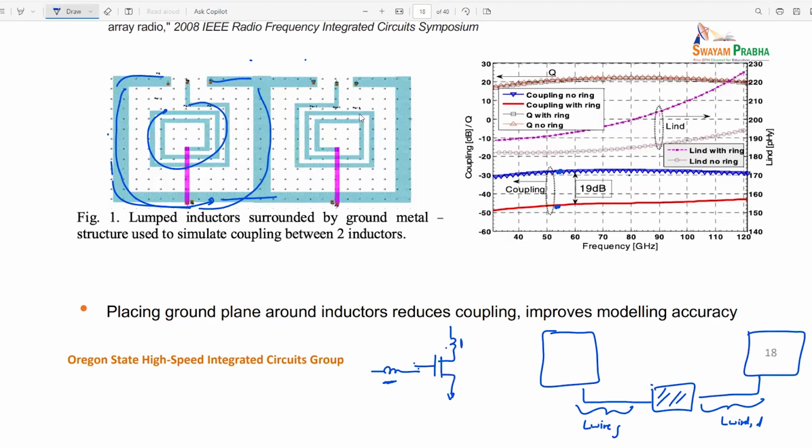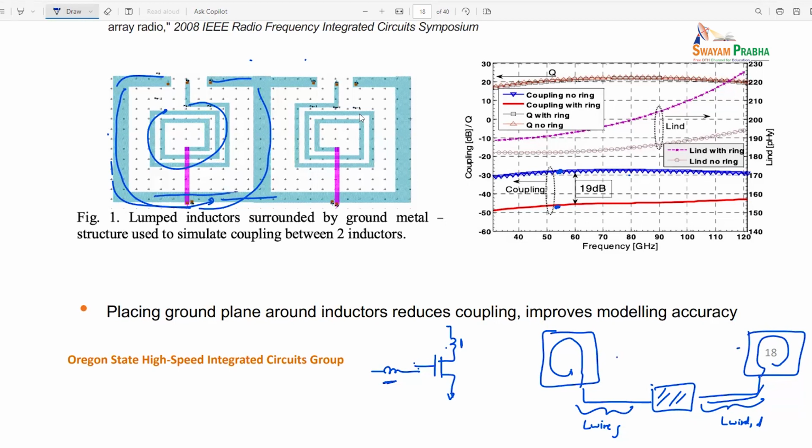So it isn't that I can always place these very far apart. So I have to think about how to distribute the inductance that I want between the wiring inductance and my inductor itself, right? And then I also have to make sure that I isolate.